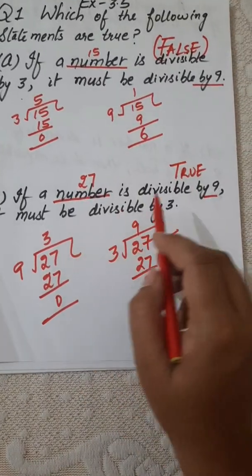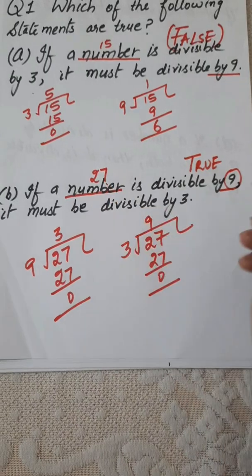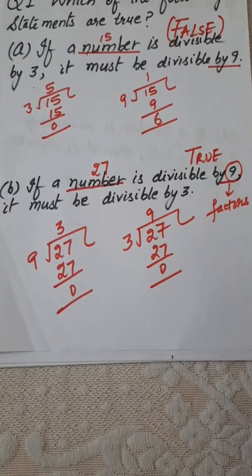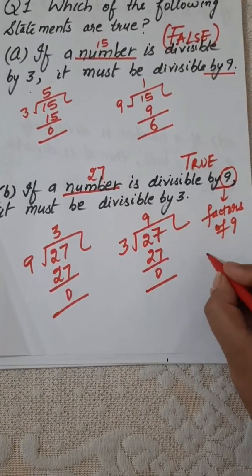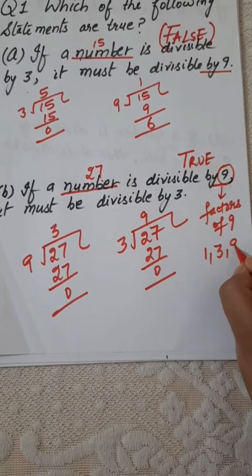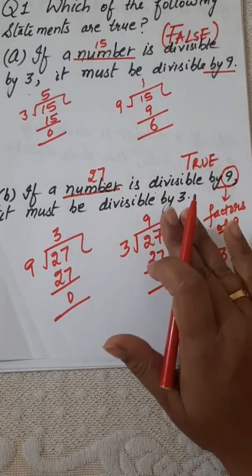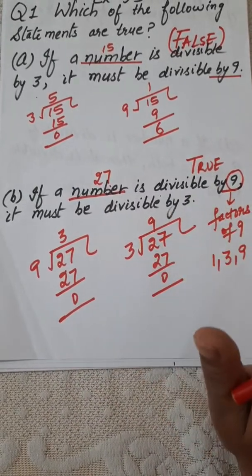Why? Because if a number is divisible by 9, then 27 is also divisible by the factors of 9, as we did in the first point. The factors of 9 are 1, 3, and 9 itself, and 3 is a factor of 9. So if a number is divisible by 9, then it must be divisible by its factors, and 3 is a factor of 9.